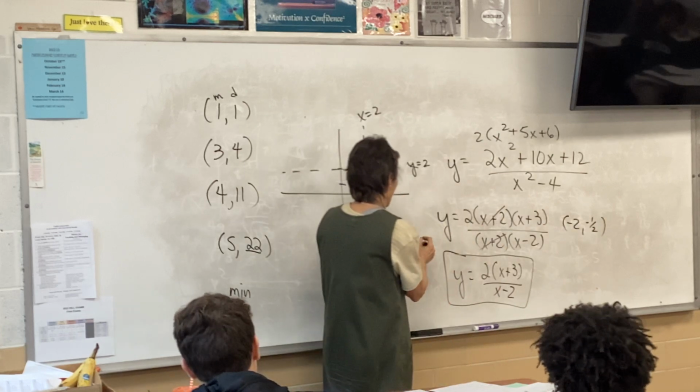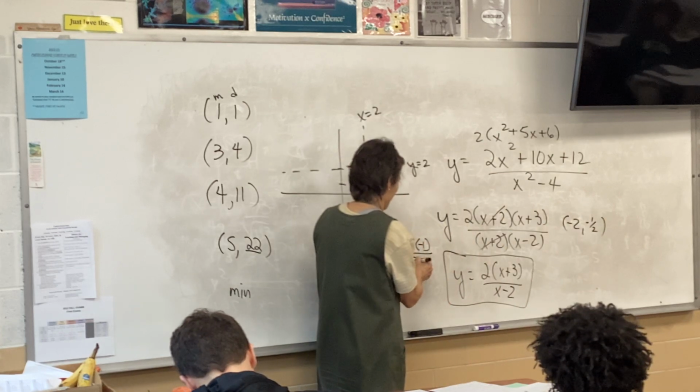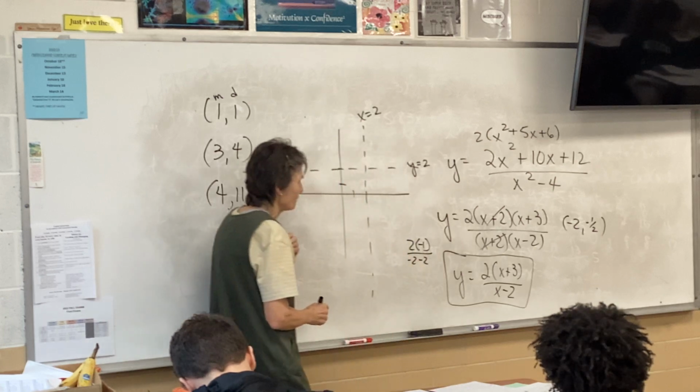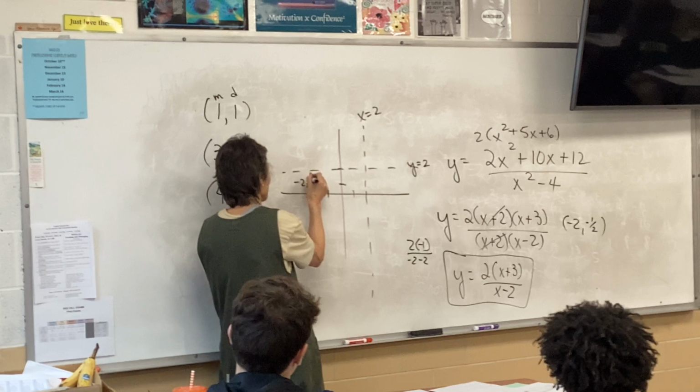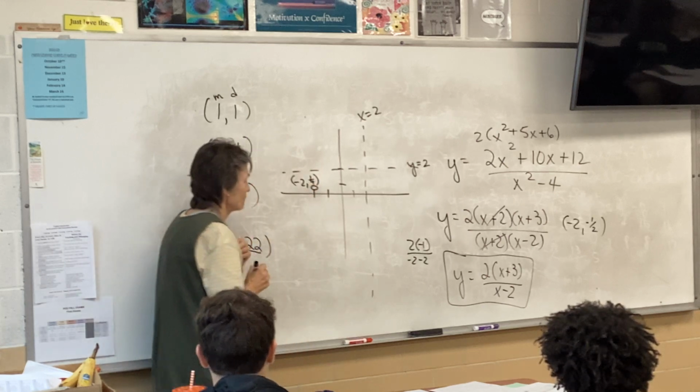All right. X plus 2. We cancel out x plus 2. So negative 2, 1/4 would be my hole.